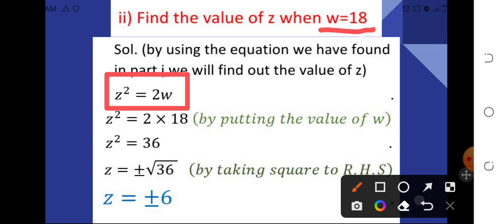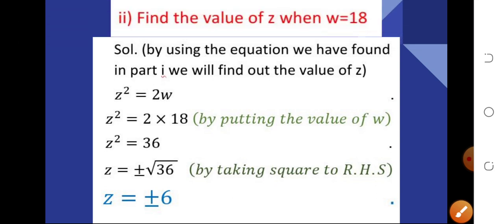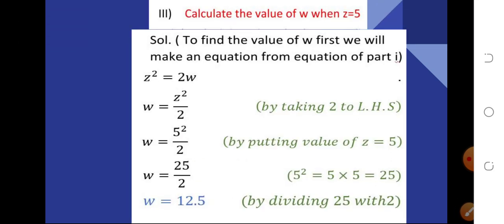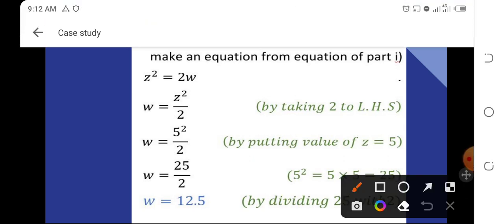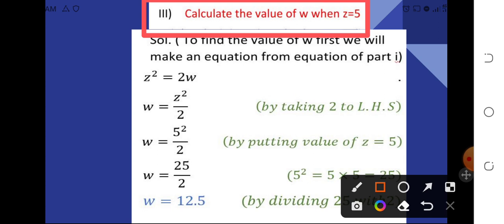Now we will move to the third part of this question. The third part is to calculate the value of W when Z equals 5.